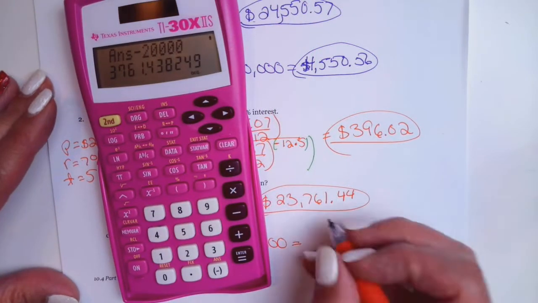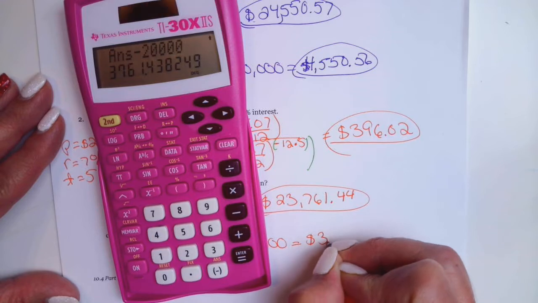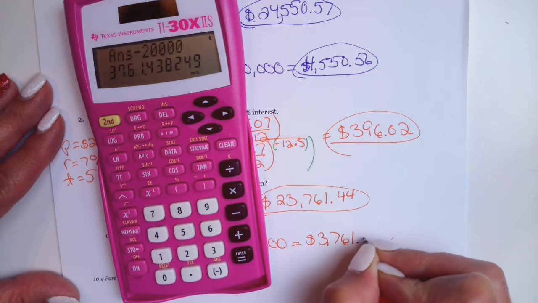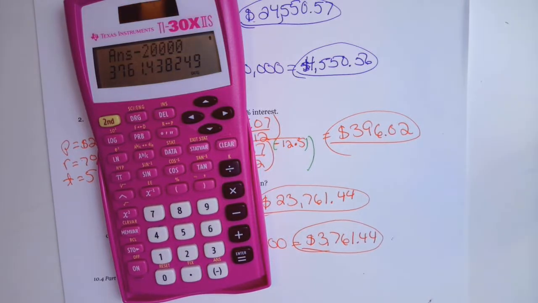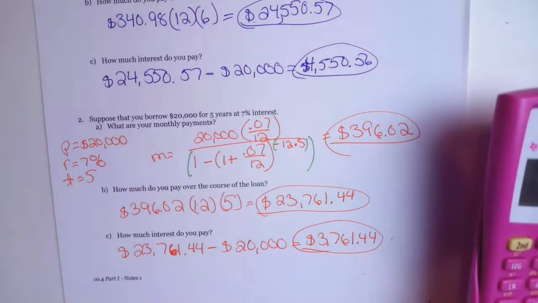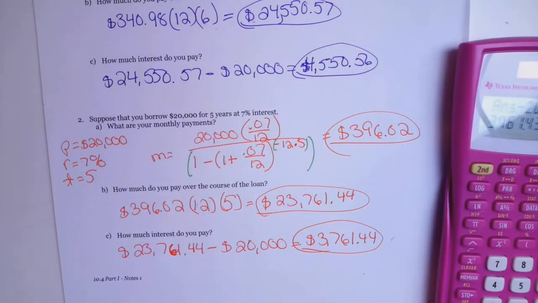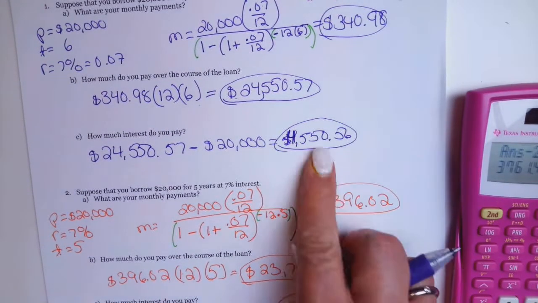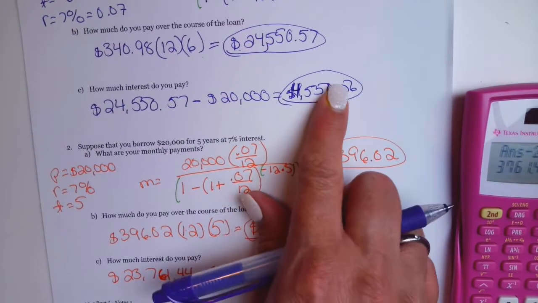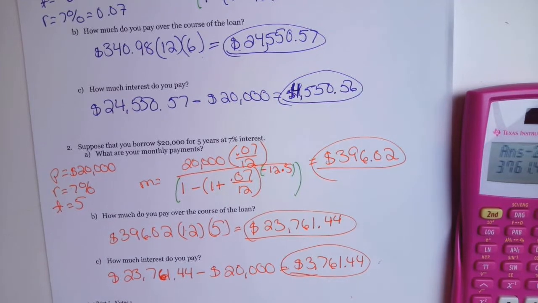So that would be $3,761.44. The 6-year loan was 4,000 in interest. Notice the difference, 6 years and 5 years.